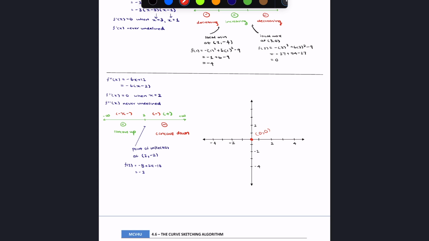We know that we have a local min at 1 and -4. Let's write it out here. So 1 and -4. We have a point of inflection at 2 and -2. And we also have a local max at 3 and 0.